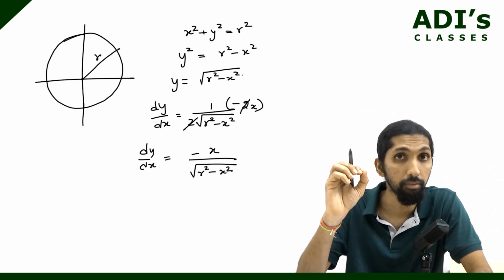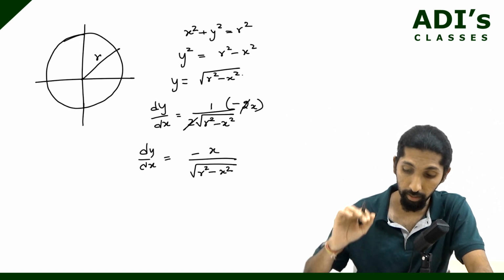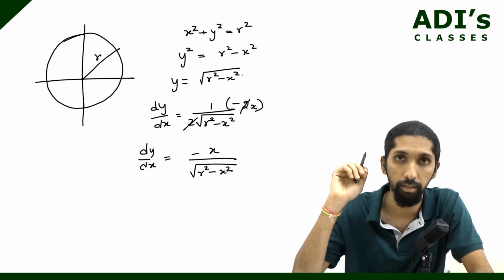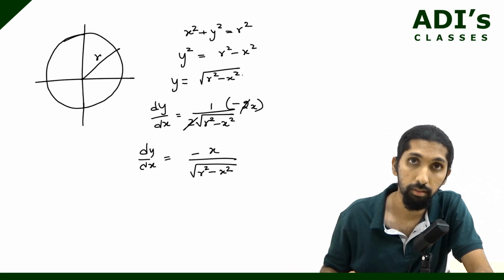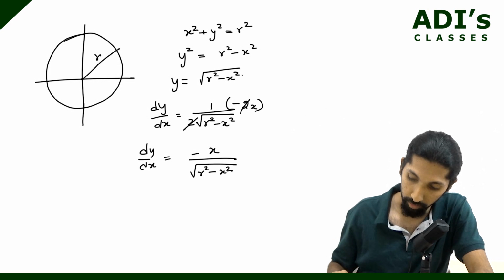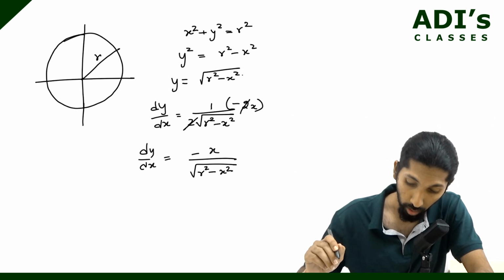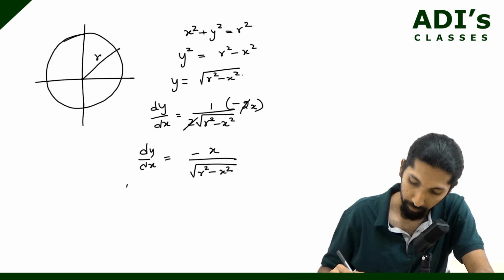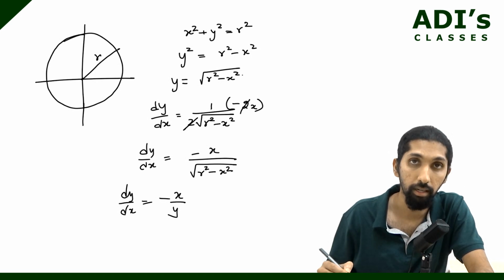We need to get rid of that r. So what do we do now? We have to get rid of it some way or the other, right? We can again differentiate. So you can write dy by dx is equal to minus x divided by y, correct?